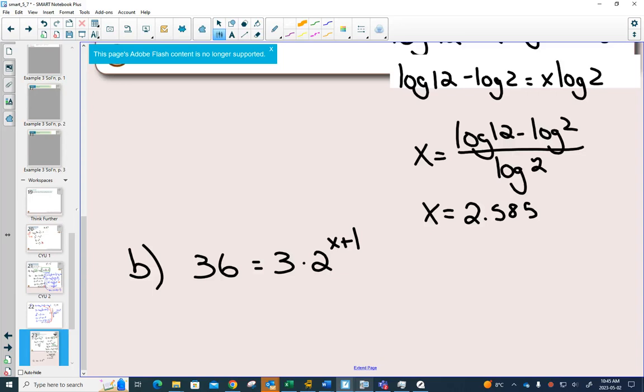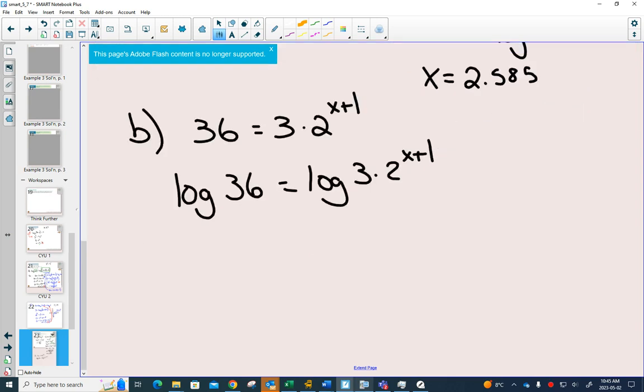Because sometimes you'll see the x in the exponent and you'll be so excited to use logs that you might take the log of both sides really quickly. One of the reasons I encourage you to get the power by itself is that there's a common mistake that happens here.